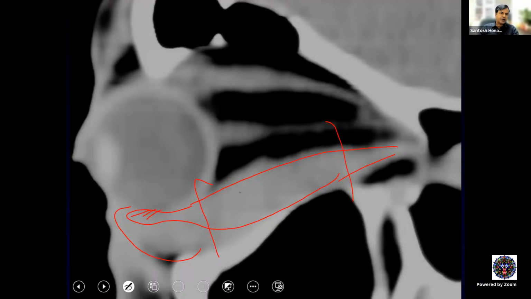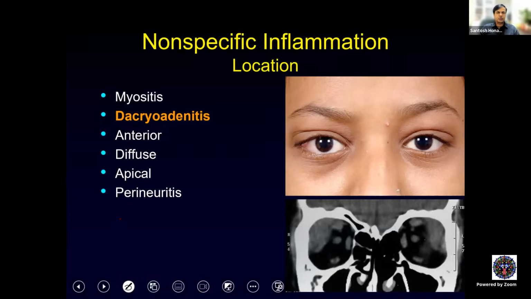That's how thyroid eye disease would look. Whereas in myositis, you find the insertion also being thickened. That's myositis, where the patient would either manifest with unilateral single muscle involvement, unilateral multiple muscle involvement, or bilateral multiple muscle involvement. So all forms of myositis are seen.